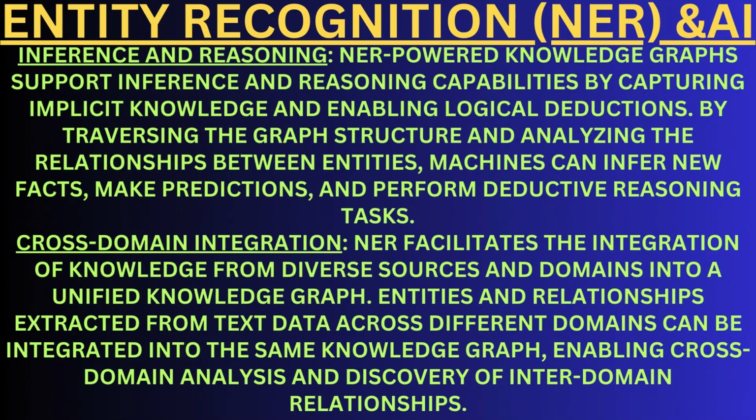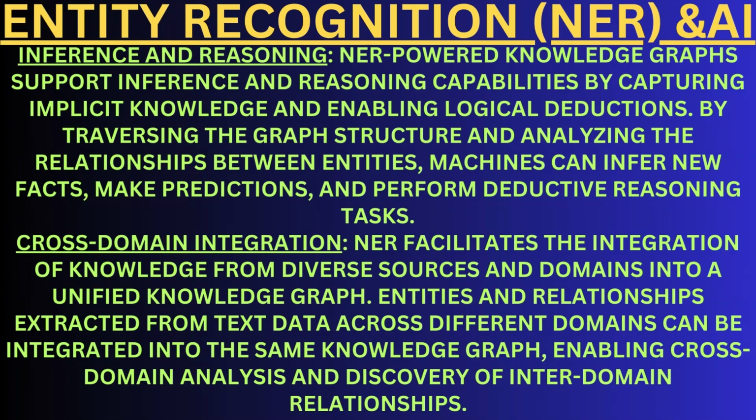Inference and reasoning. NER-powered knowledge graphs support inference and reasoning capabilities by capturing implicit knowledge and enabling logical deductions. By traversing the graph structure and analyzing the relationships between entities, machines can infer new facts, make predictions, and perform deductive reasoning tasks.